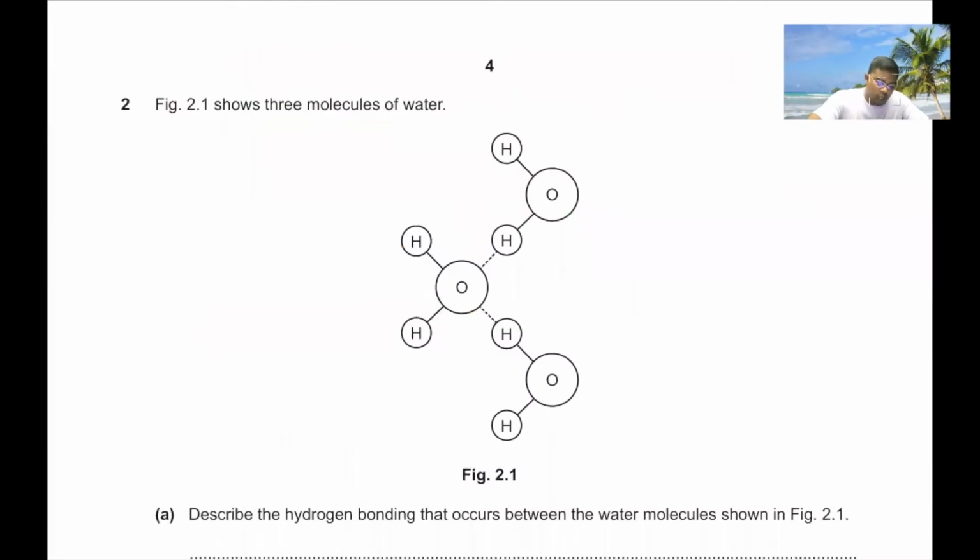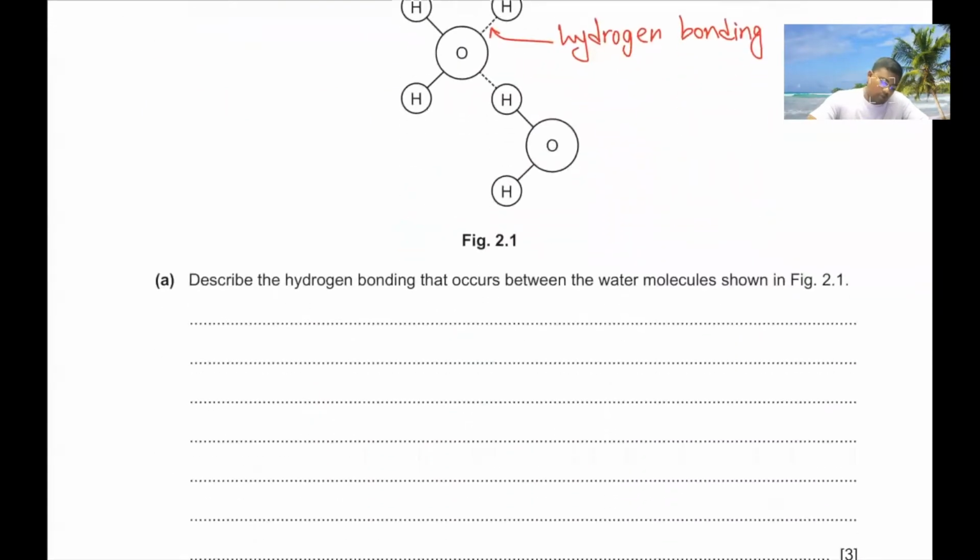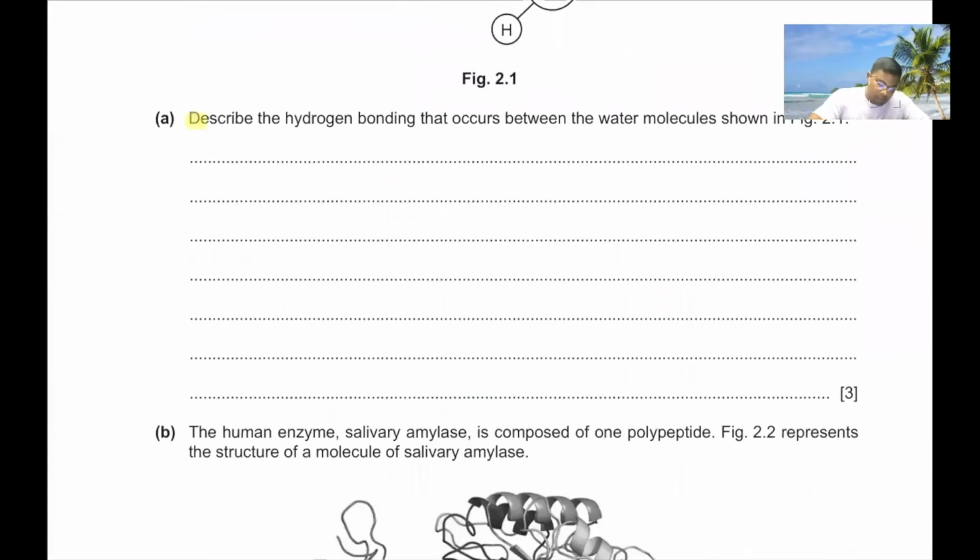Question number 2. Figure 2.1 shows 3 molecules of water. We can see the water molecules and the hydrogen bonding between them. Describe the hydrogen bonding that occurs between the water molecules shown in figure 2.1.